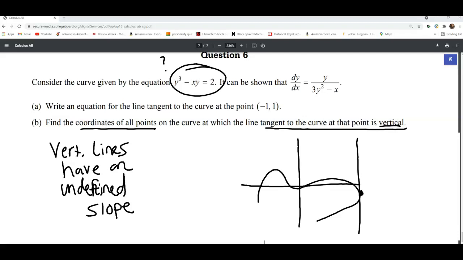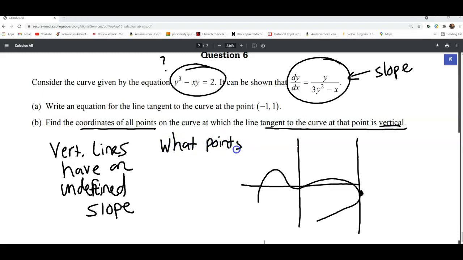Okay? We also know that this tells us our slope. And so now the question is, what points will make dy over dx undefined?